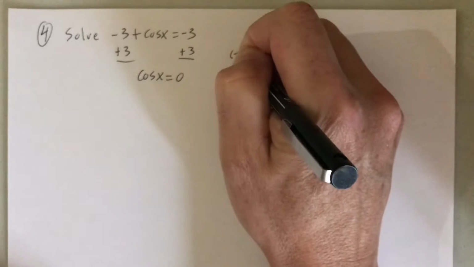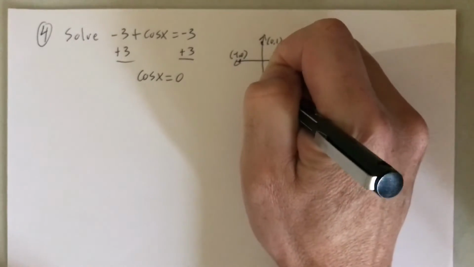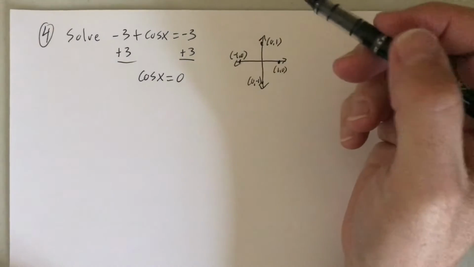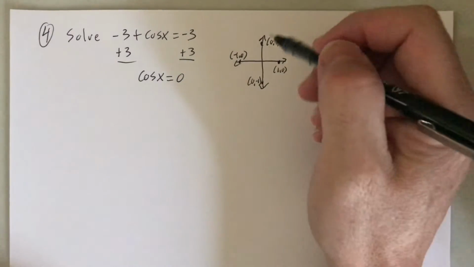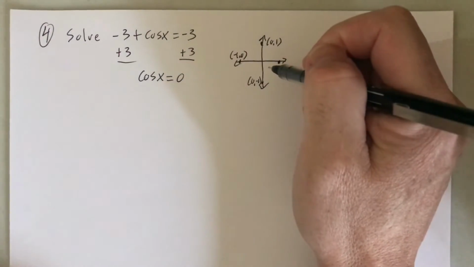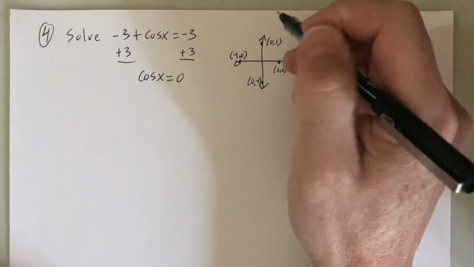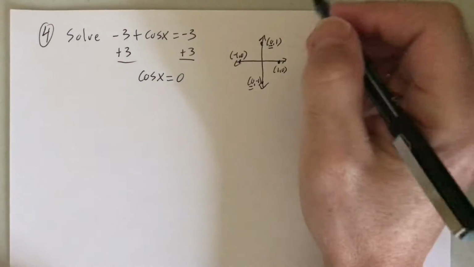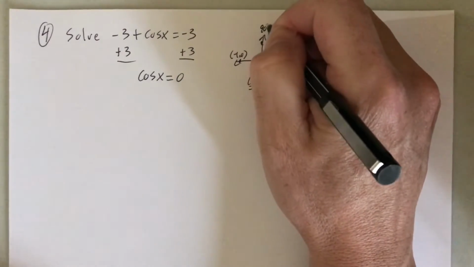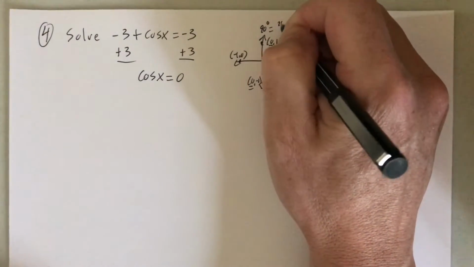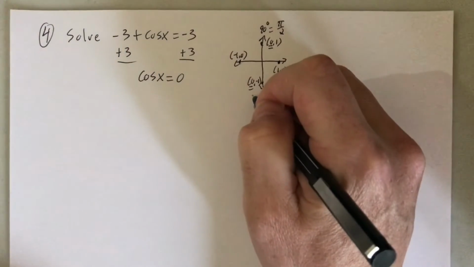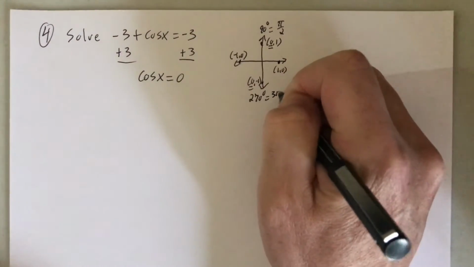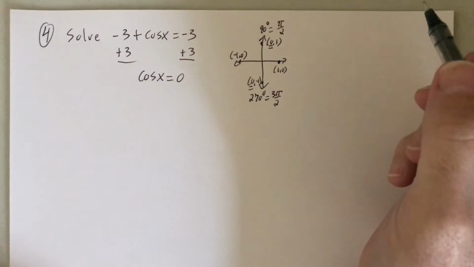This is -1, 0, and this is 0, -1. Cosine is the x value. So where is cosine of x 0? You're looking for the x coordinate that is 0, which is here. That happens at 90 degrees, which is pi over 2, and at 270 degrees, which is 3 pi over 2.